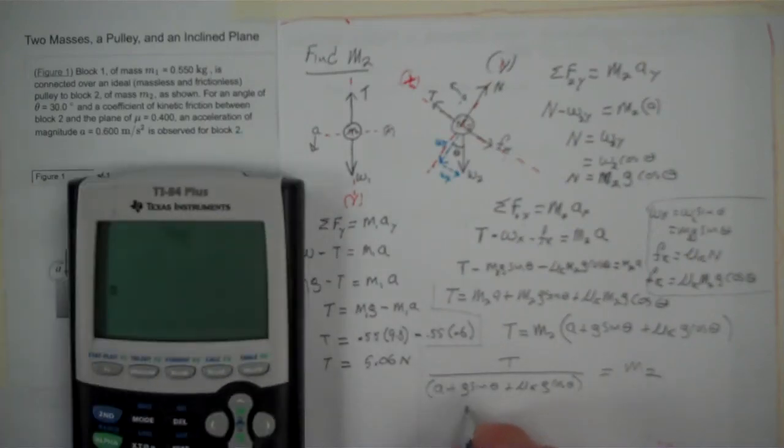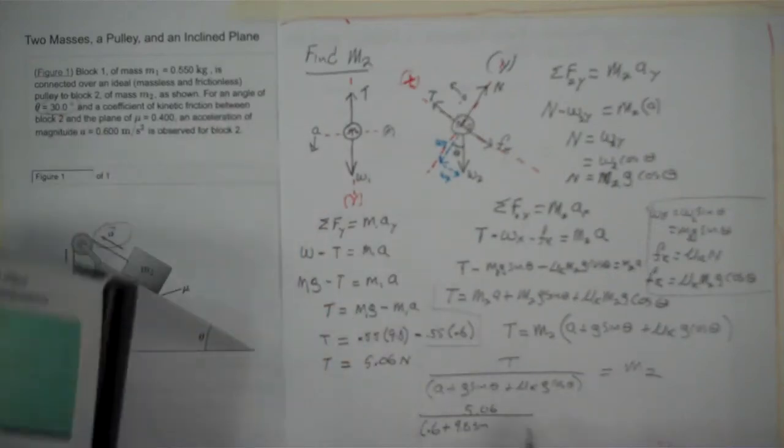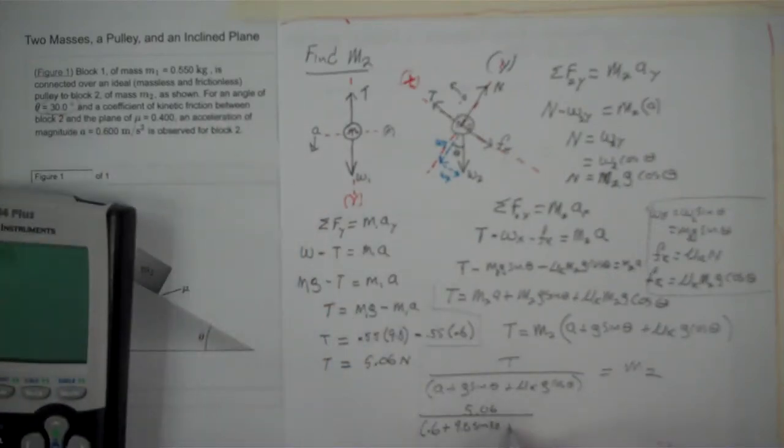My T is 5.06. My A is 0.6 plus 9.8 sine, my angle is 30, plus mu k is 0.4 times g times cosine 30.